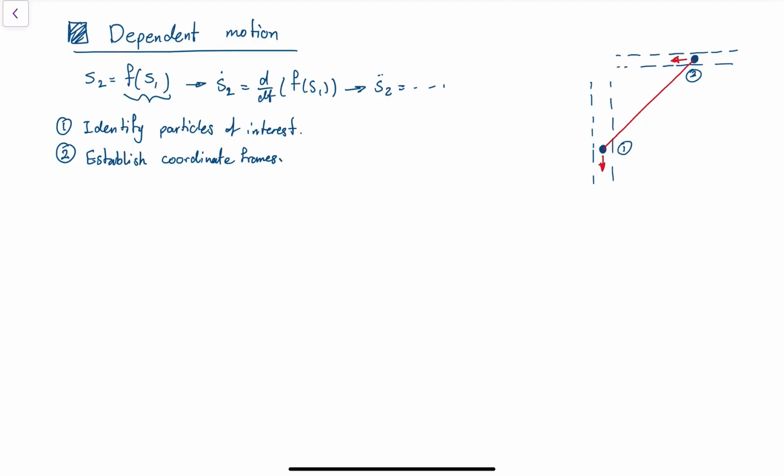So here I have an example that as particle 1 goes down, particle 2 moves to the left. So in that case, when I want to establish the coordinate frames and the position coordinates, it is a good idea to take some fixed points.